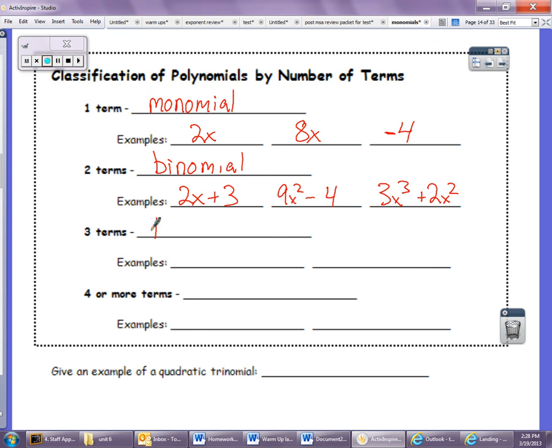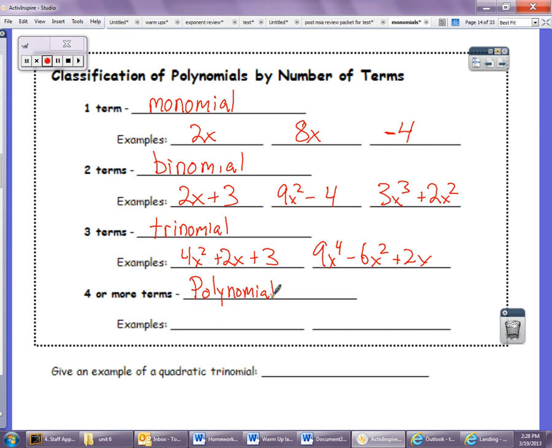Three terms, trinomial. Tricycle, three wheels, trinomial, three terms: 4x squared plus 2x plus 3, or 9x to the fourth minus 6x squared plus 2x. Four or more terms, it's called a polynomial.